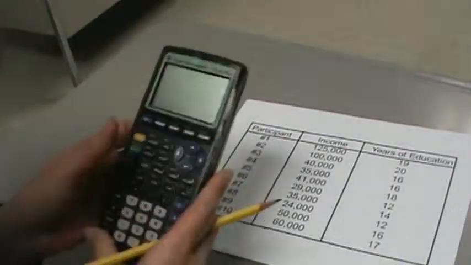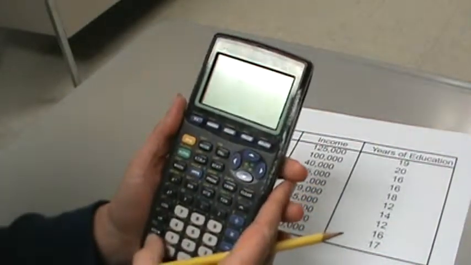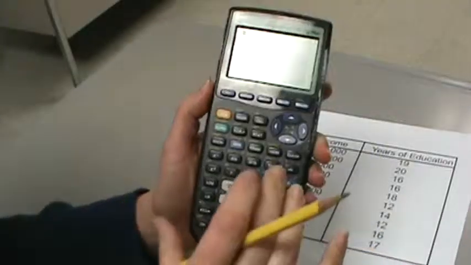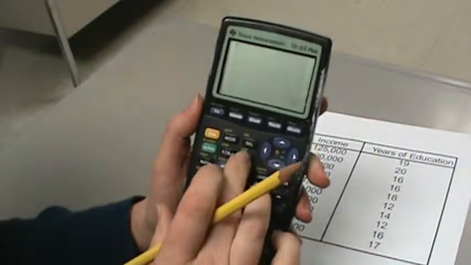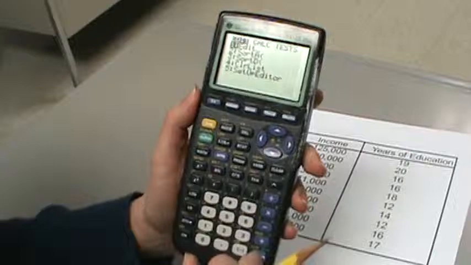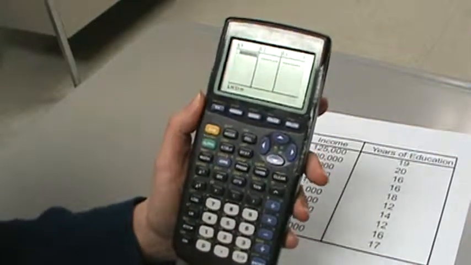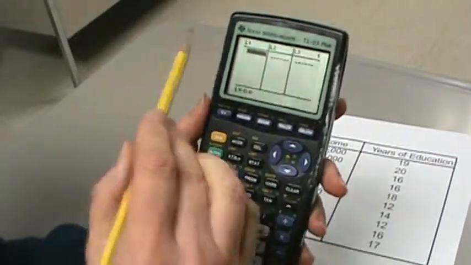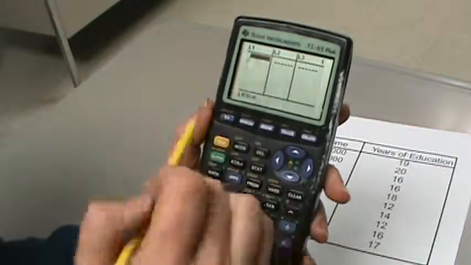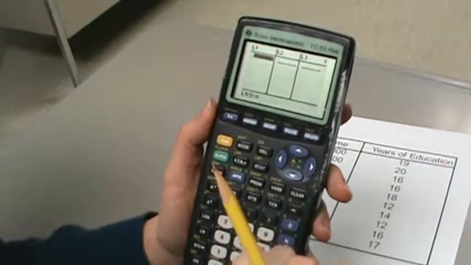All right, now to remind yourself what you're going to do here, obviously we're going to turn that on. To get to the scatter plot, we're going to hit Stat and Enter. Okay, and in this calculator, everything's all cleared. We're just looking for L1 and L2. We've got that, so we're ready to enter our data.